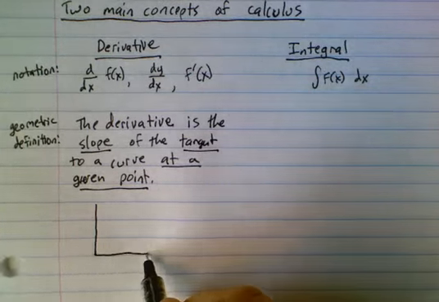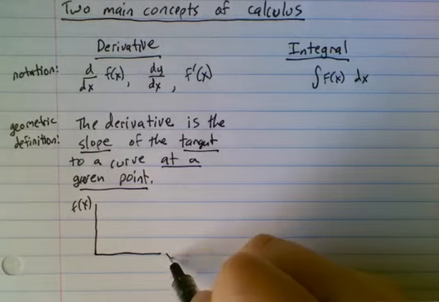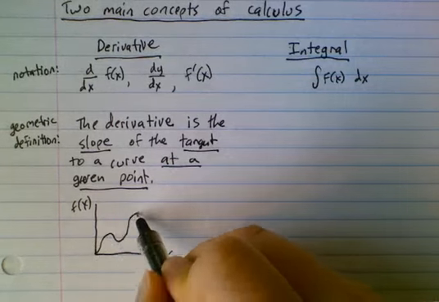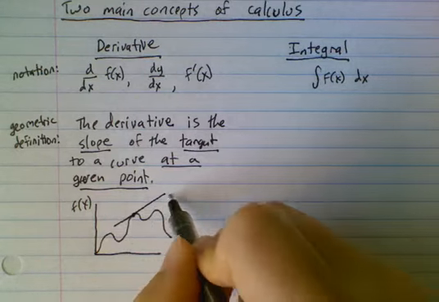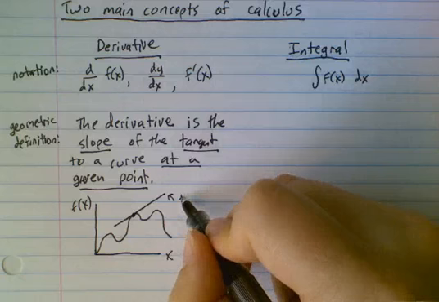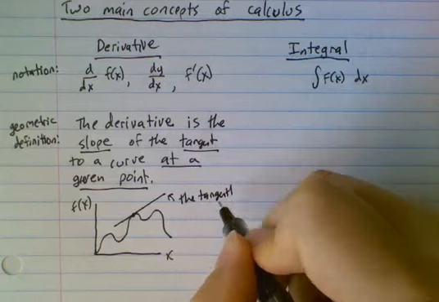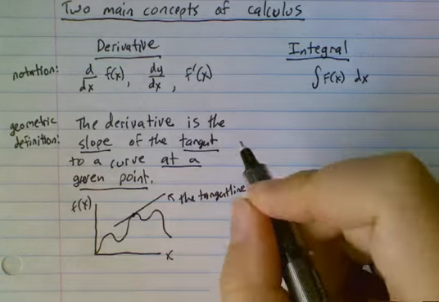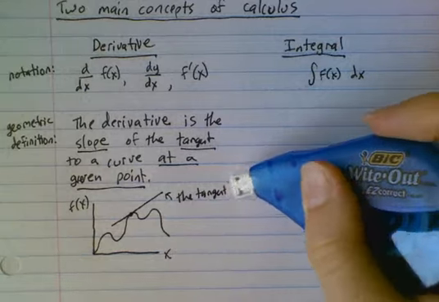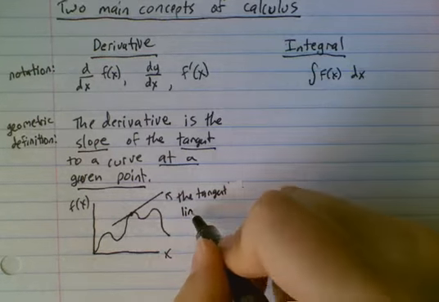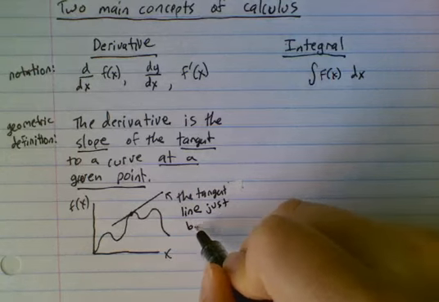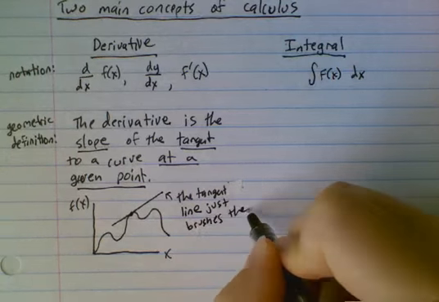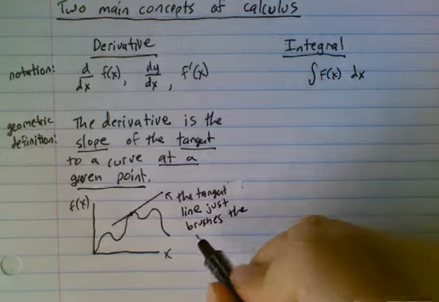So to draw a picture of that, this is f of x, this is x. We have some funky little curve here. The tangent line, let me separate that out so you can see it a little better, is the line that just brushes the curve at the given point.